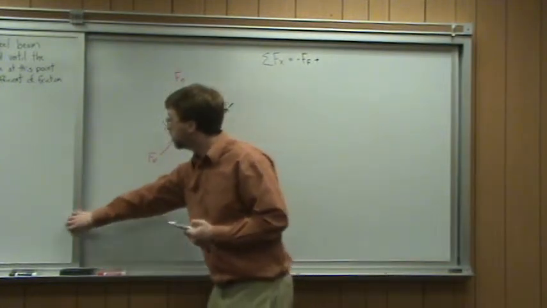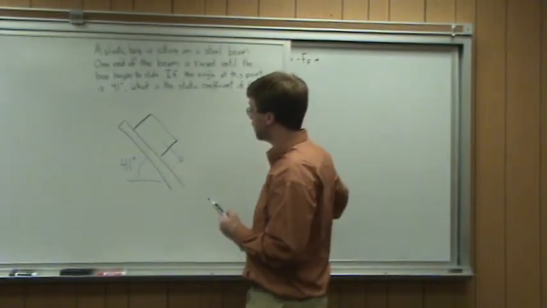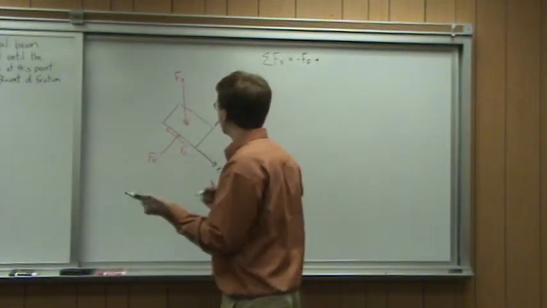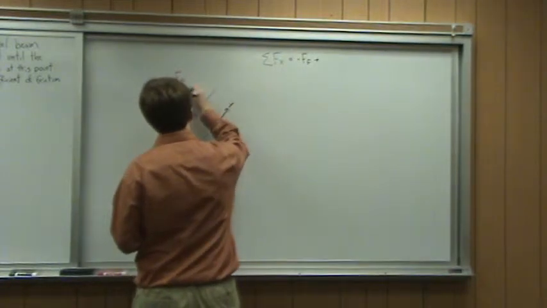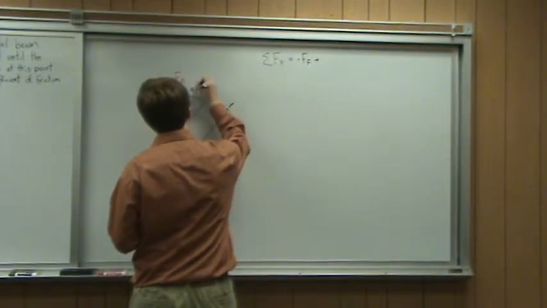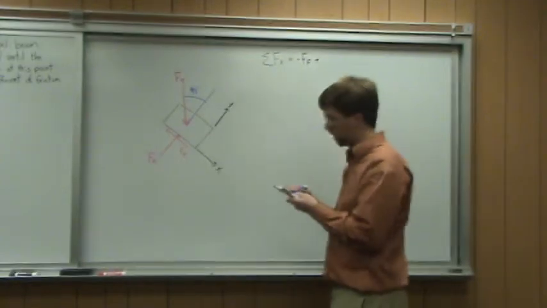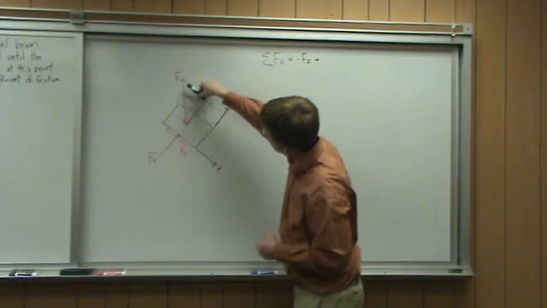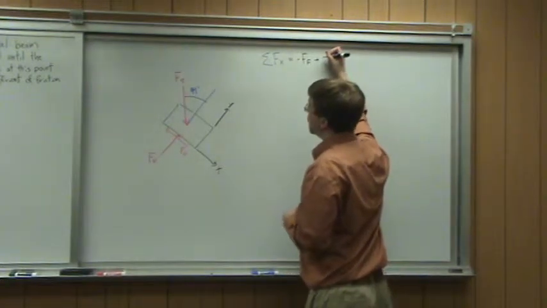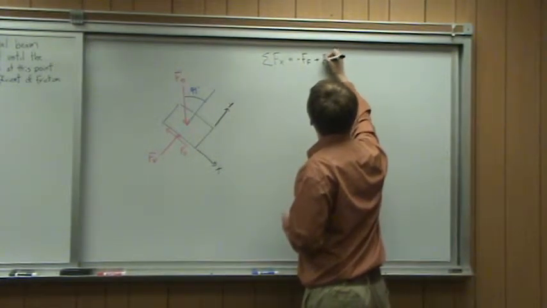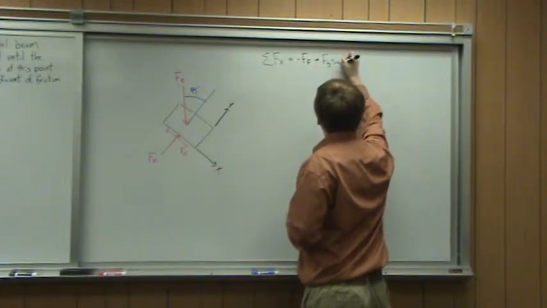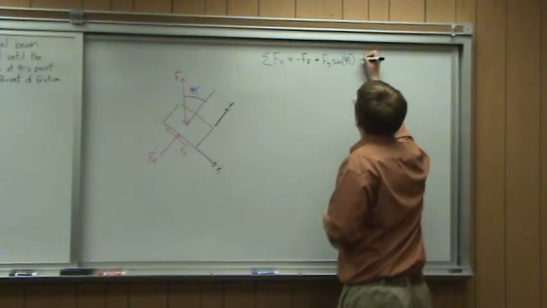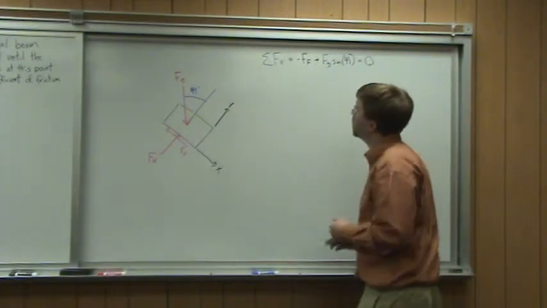If my ramp is at 41 degrees, then this gravity force is going to be 41 degrees from my y-axis. To find the x component, I'm going to have Fg times the sine of 41 degrees, and that is equal to 0.